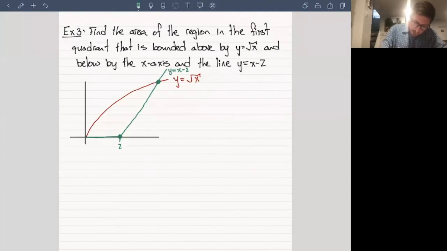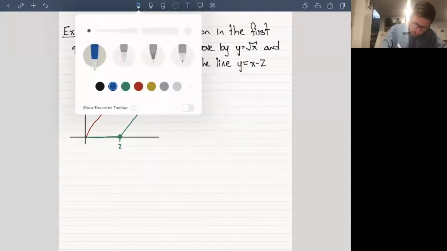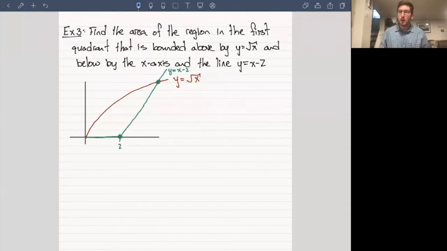So what we can see is that there are two different lower bounds, and that means that our analysis here is going to have to be broken up into two different components. So we say that there is area 1 here and area 2 here, and the total area is given by area 1 plus area 2.